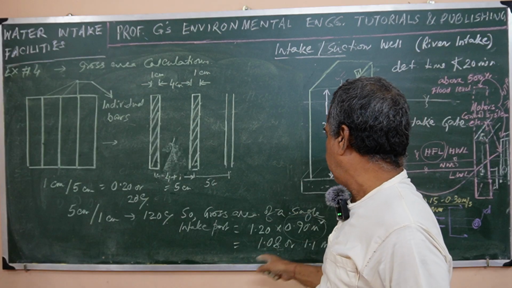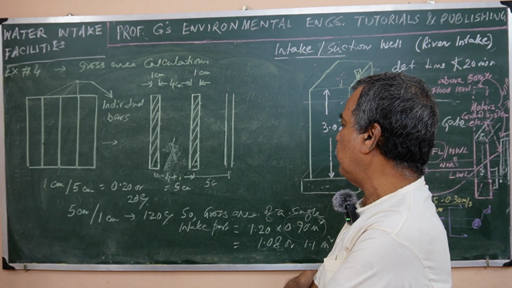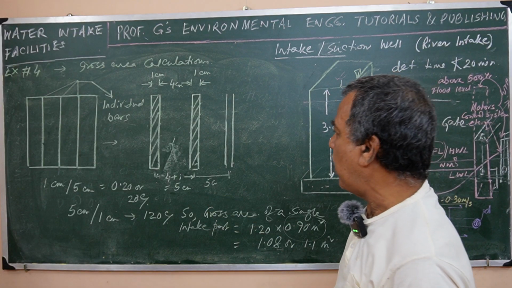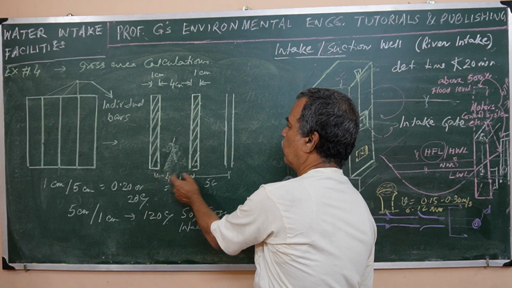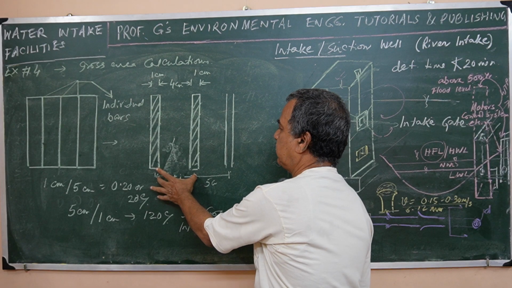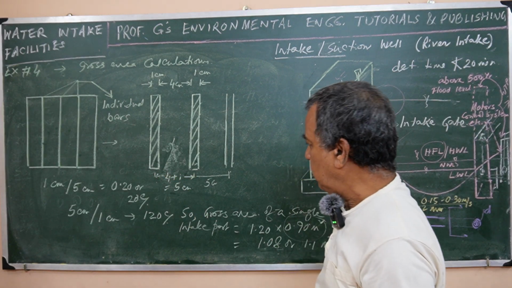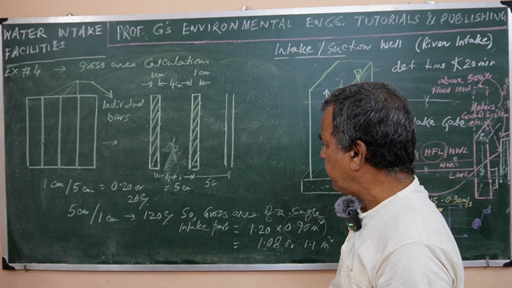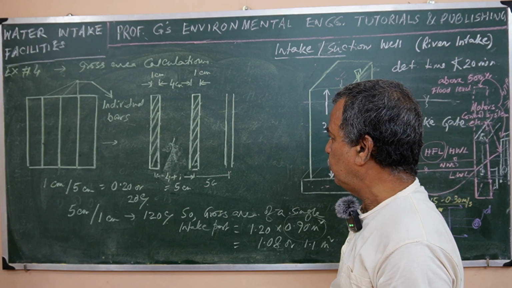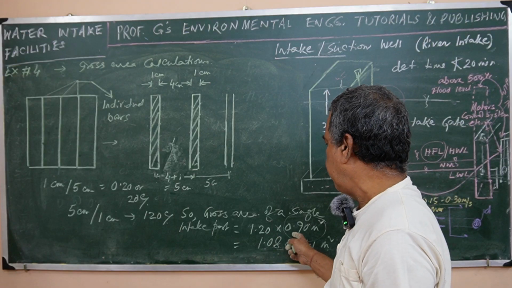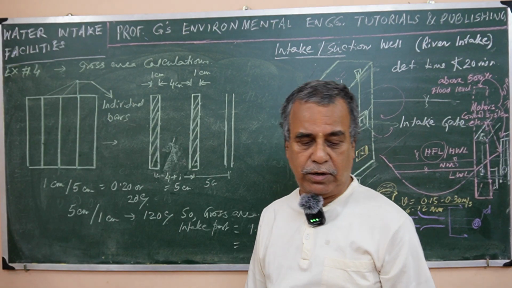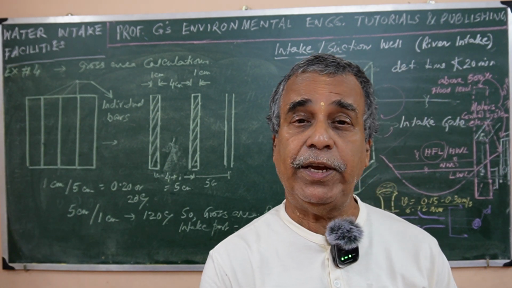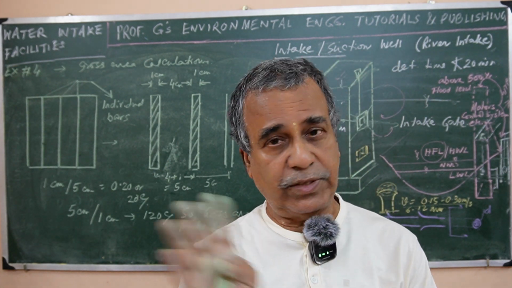That is why we have increased this by 20%, because as you see here, the bar occupies on an average half on both sides, center to center. The bar occupies 20% extra to the opening area, and that is why we have multiplied this by 1.2, that is 120% of the opening area, or 20% extra, same.